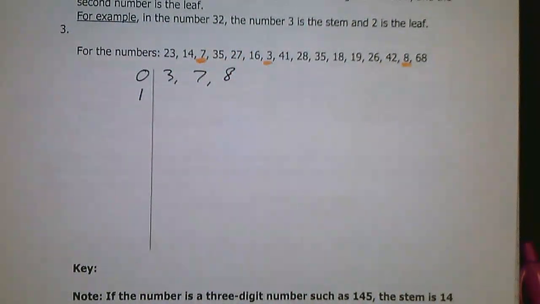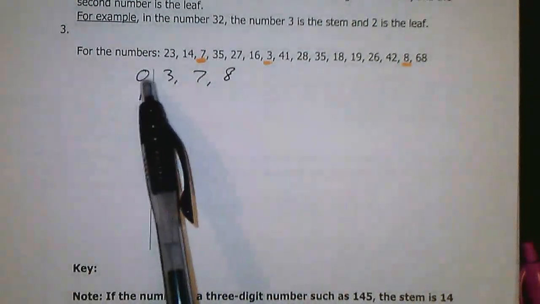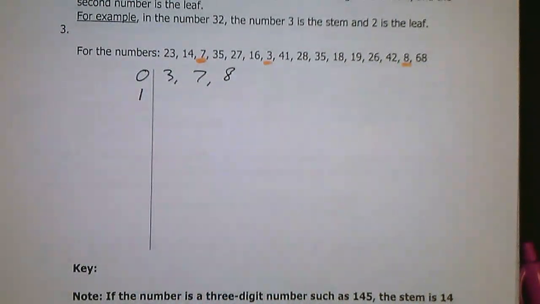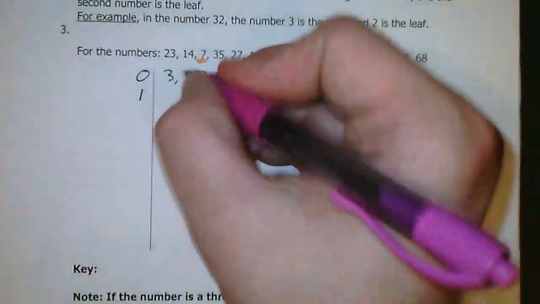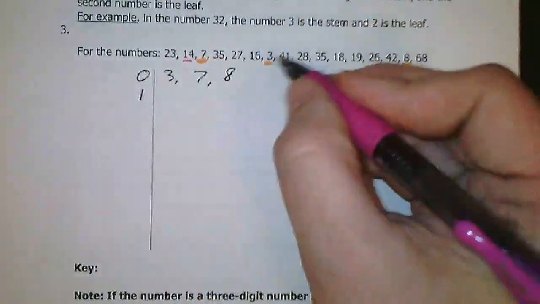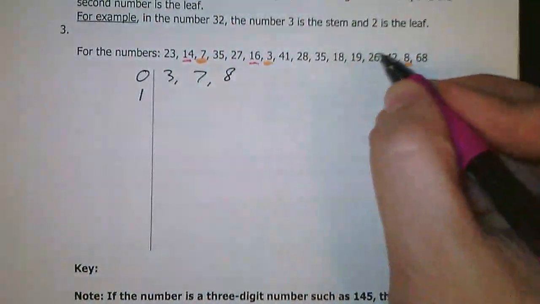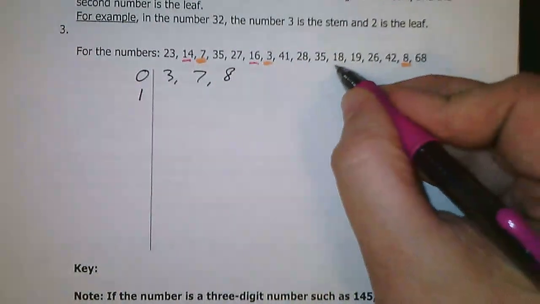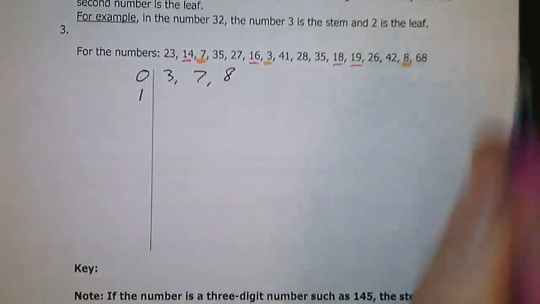Now we look at our numbers from 10 to 19, our numbers that start with a 1. So we couldn't leave the stem blank here, so we put a 0 for the first row. But where are the numbers that start with a 1? I have 14, 16, 18, and 19.